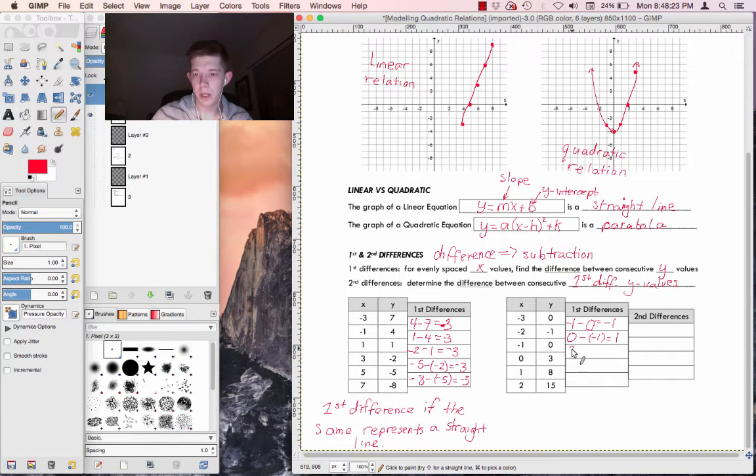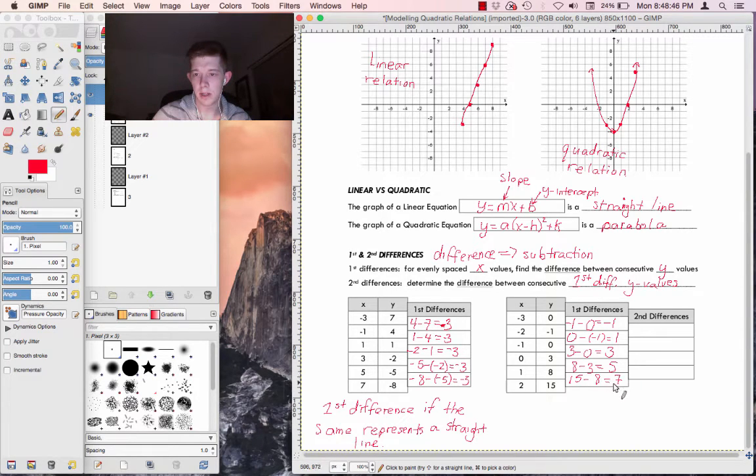I get 3, remember the lower one, minus 0, and 3 minus 0 is 3. Then 8 minus 3, and I get 5 here. And then the last one is 15 minus 8.